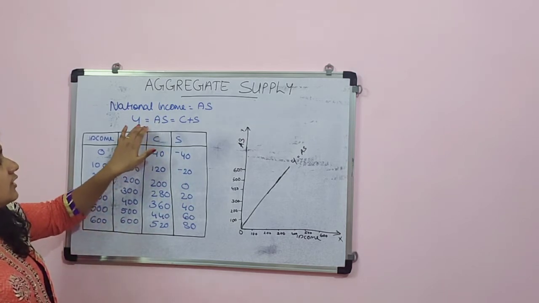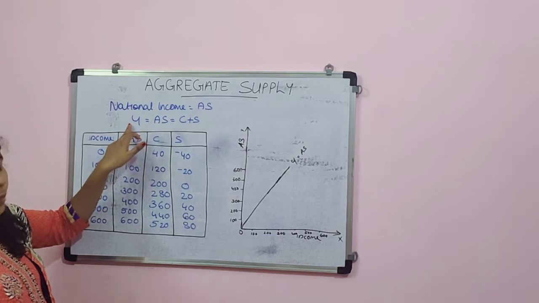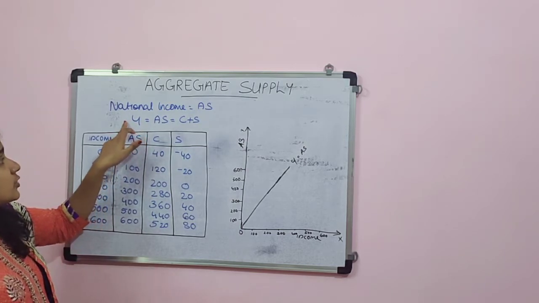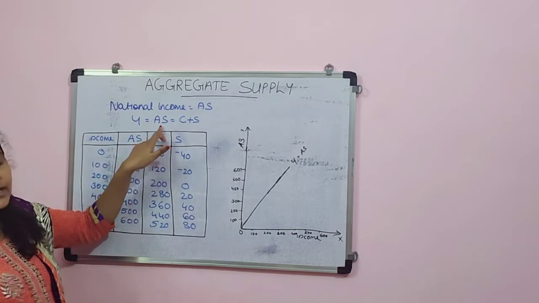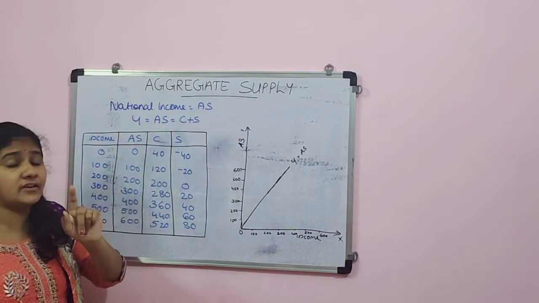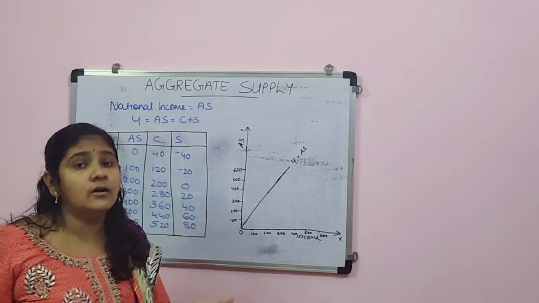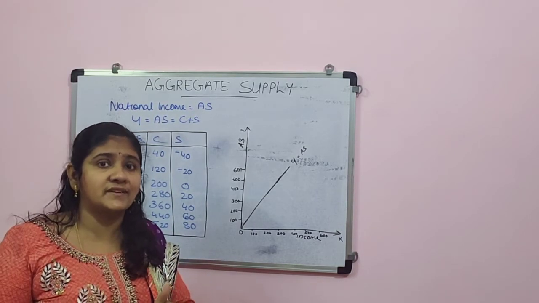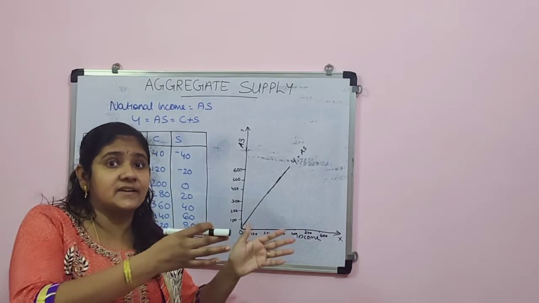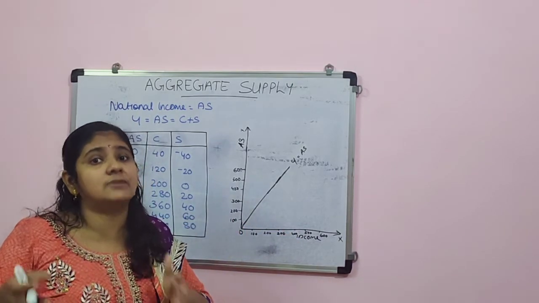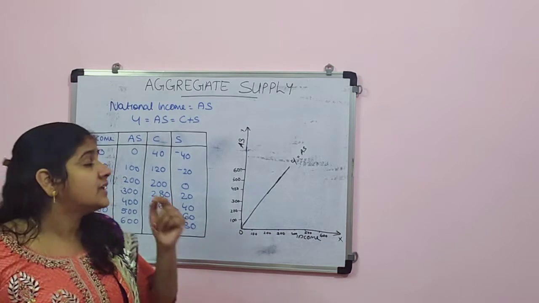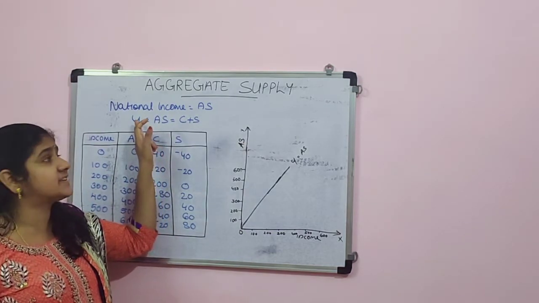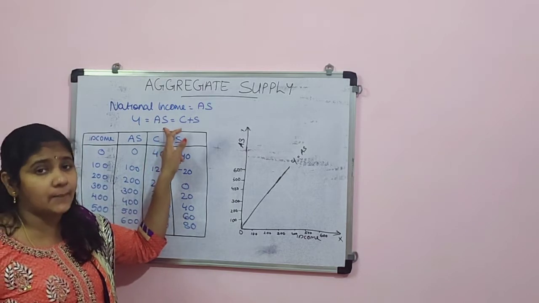One more point I wanted to say is why the income is equal to aggregate supply. Supply means production is taking place. So when the production is taking place, on the other side the generation of income is also taking place. That is why I have written that income is equal to aggregate supply.